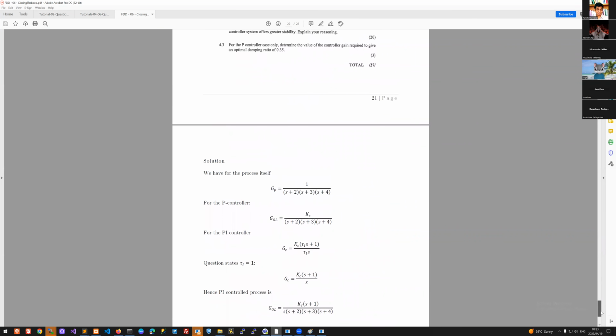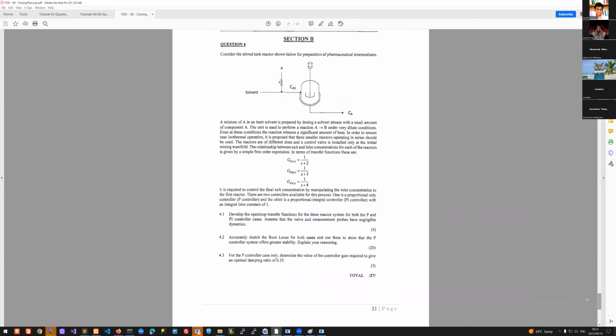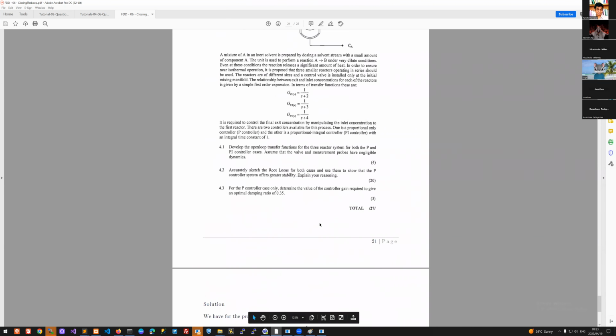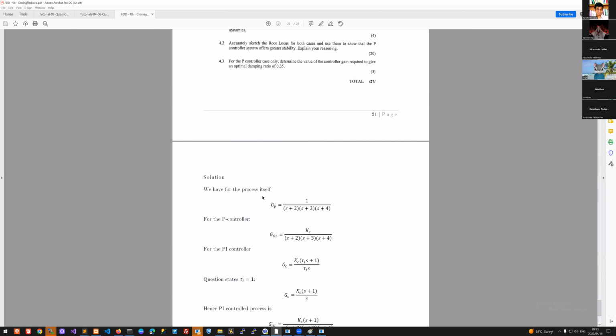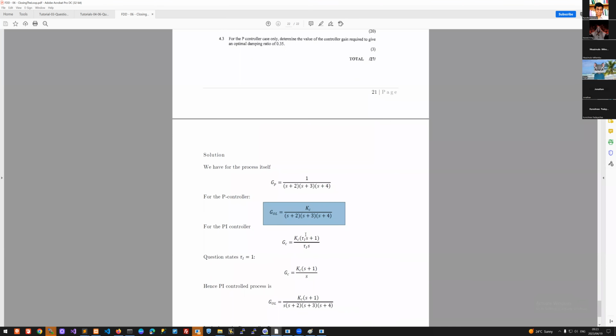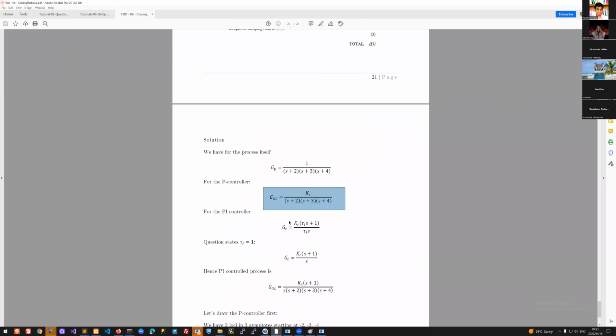So here we have this process. These are all in series. So overall, our open loop process looks like this. And then we are implementing proportional control. So it's Kc times this. And if we are implementing PI control, then our controller has that function.